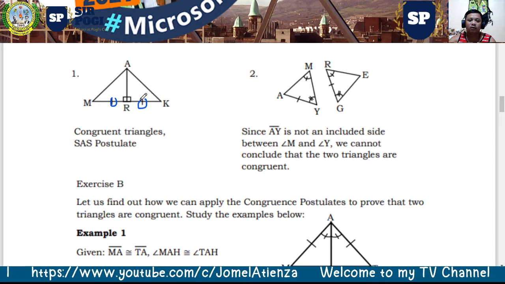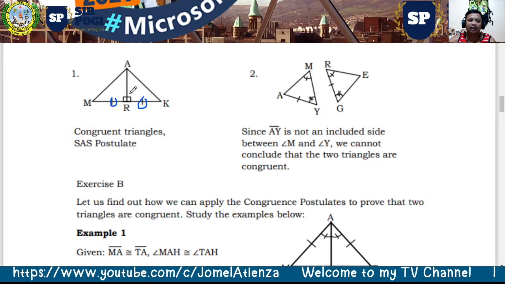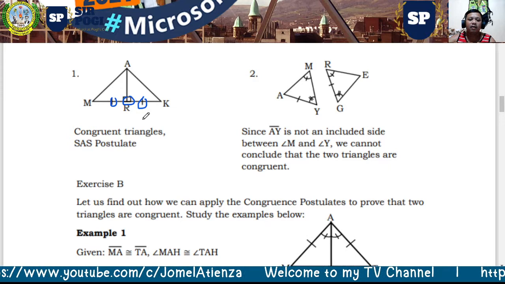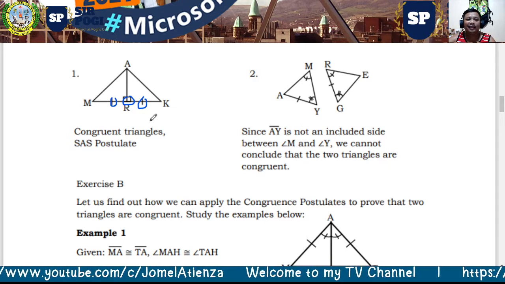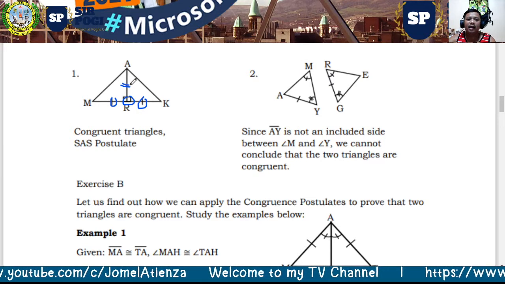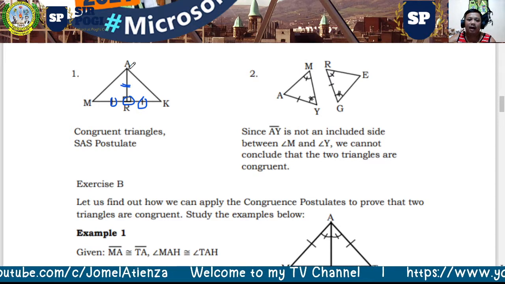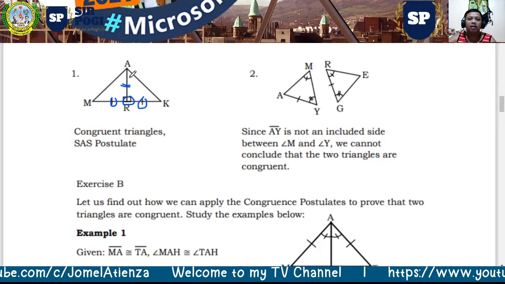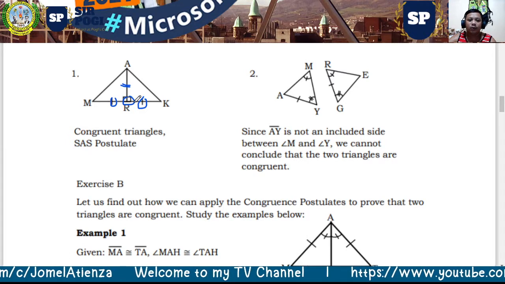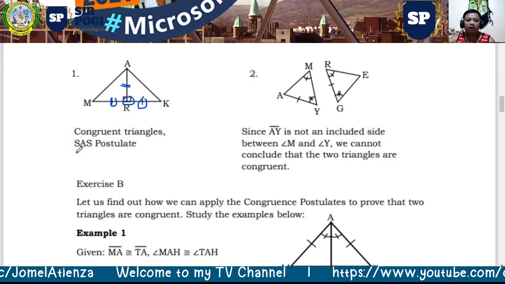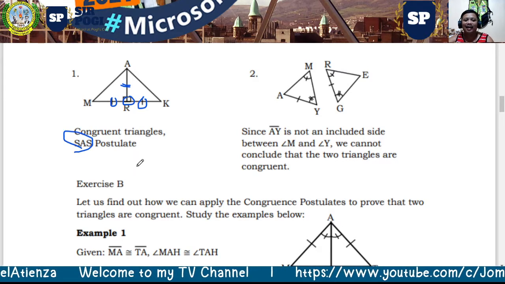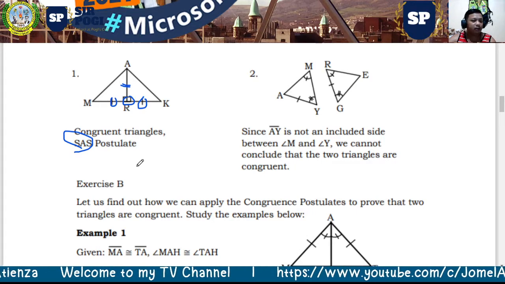So they are congruent. And then since that is perpendicular, both angles measure 90 degrees. And by using the reflexive property, AR is equal to AR. So they are congruent. Okay, so that is by virtue of side-angle-side postulate.